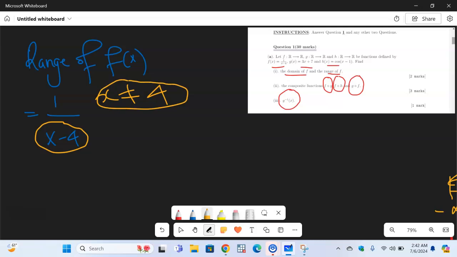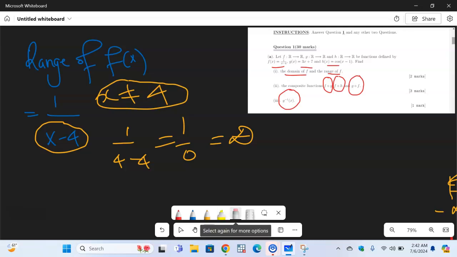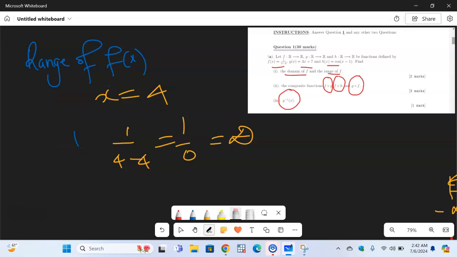If you substitute 4 here, 1 over 4 minus 4, you get 1 over 0, which is undefined. So how do you get the range? My easiest way was to find the inverse, but in this case, I'll show something better. We can draw that and first substitute some values, and you get to see what actually happens in the range.